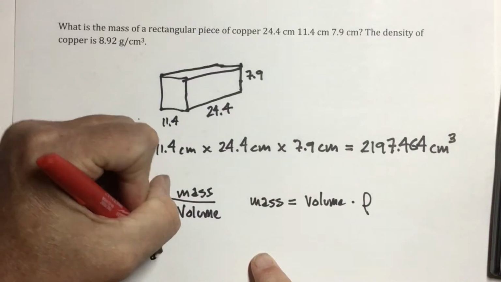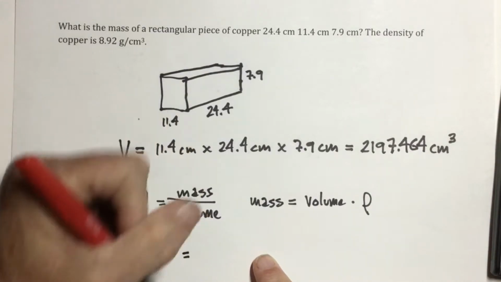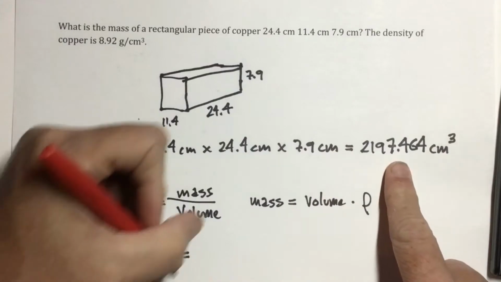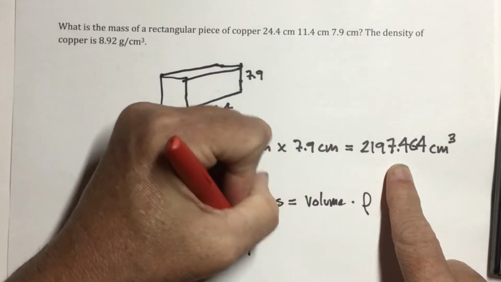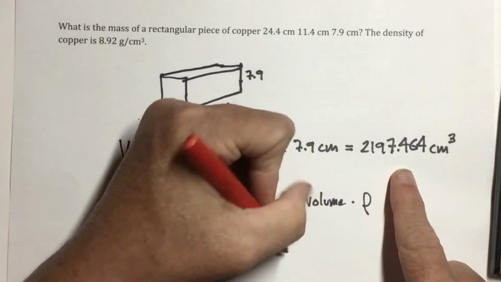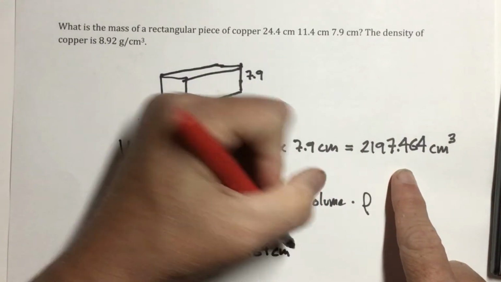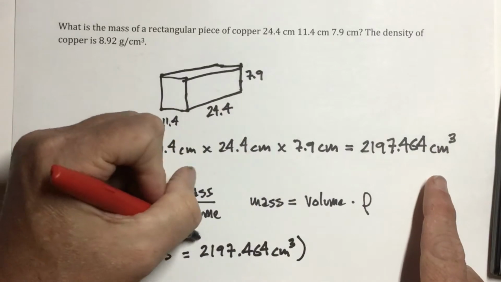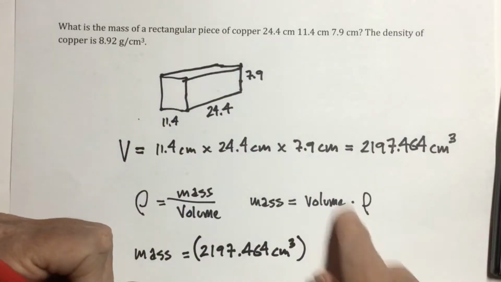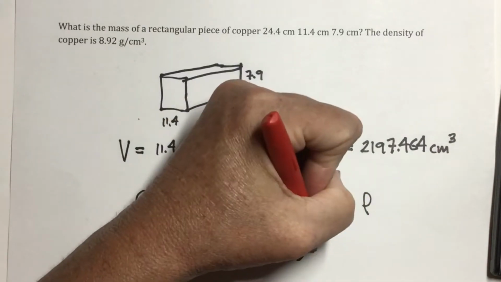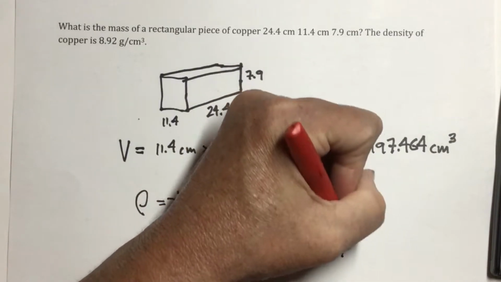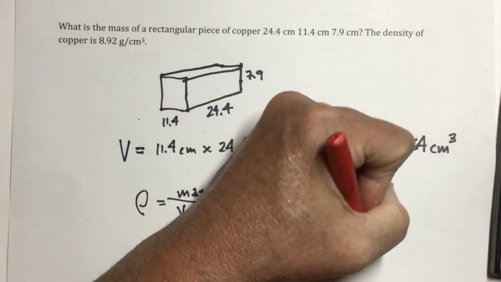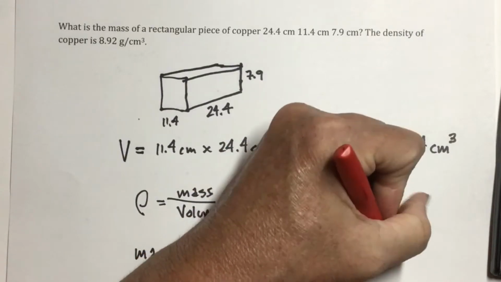So if mass equals volume times rho, then the mass, which is what I'm trying to find, should be equal to our volume, which we now know is 2197.464 cubic centimeters, times the density, which is 8.92 grams per cubic centimeter.